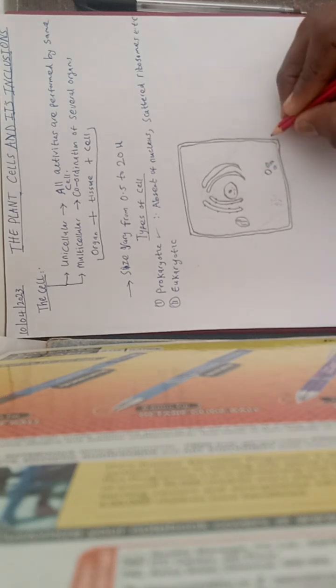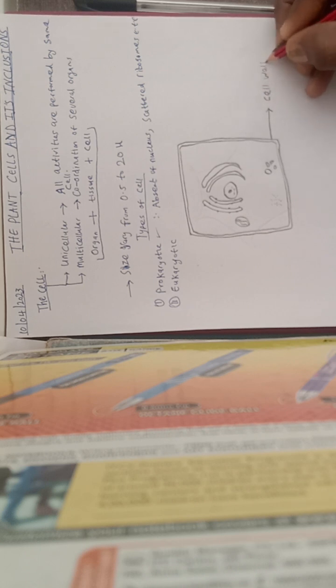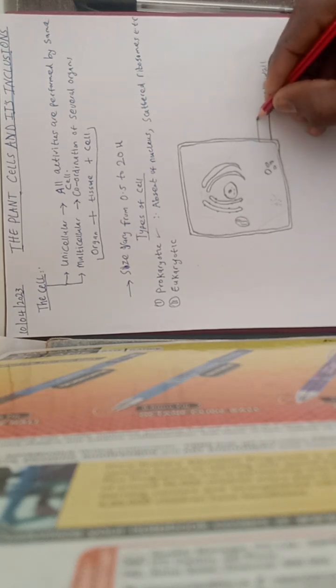Plasma membrane. Okay, so let me start labeling, guys. In animal cells, the cell wall is absent. Take note, cell wall. In the future, I'm going to show you the difference between plant cell and animal cell, guys. Stay tuned for my upcoming videos in future.